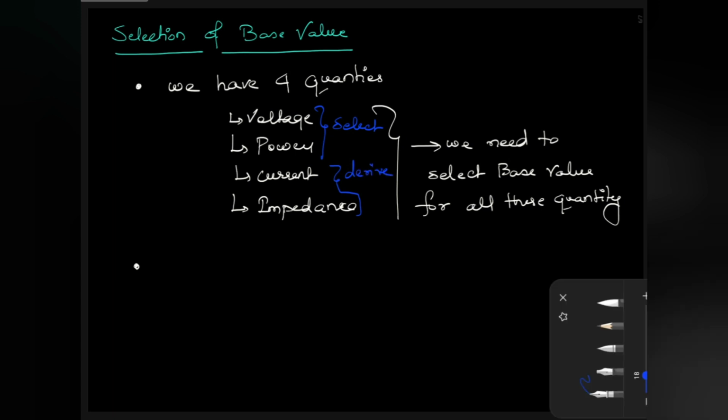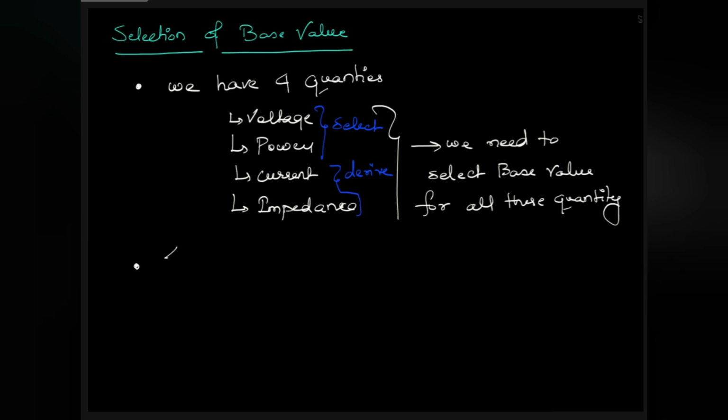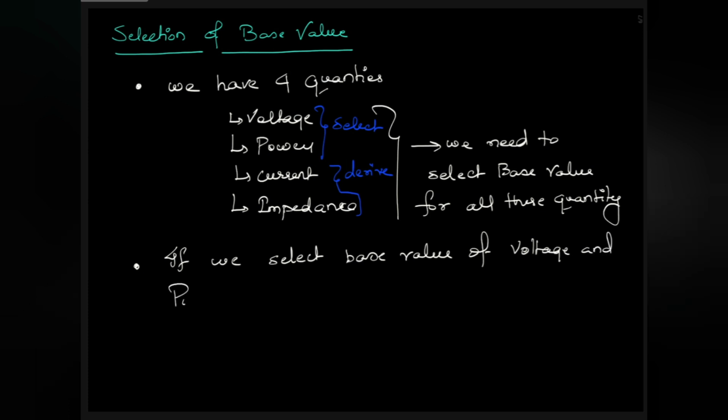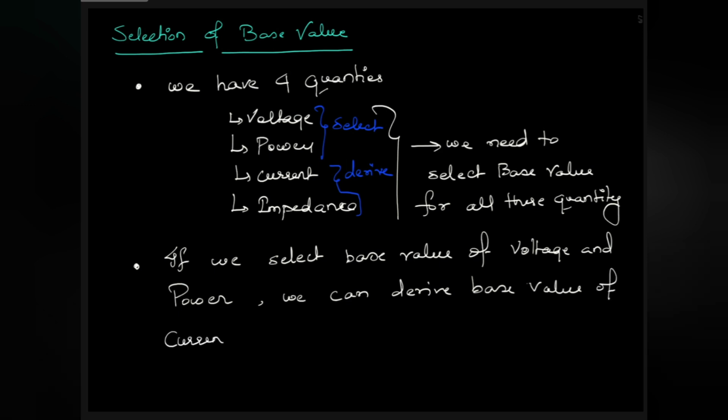Okay, so if we select base value of voltage and power, we can derive base value of current and impedance. Okay, so we just need to select the base value of voltage and power.